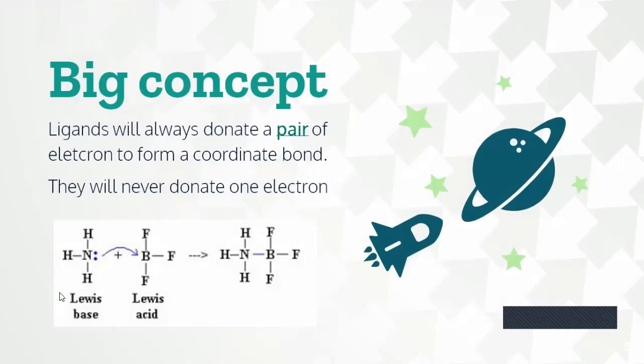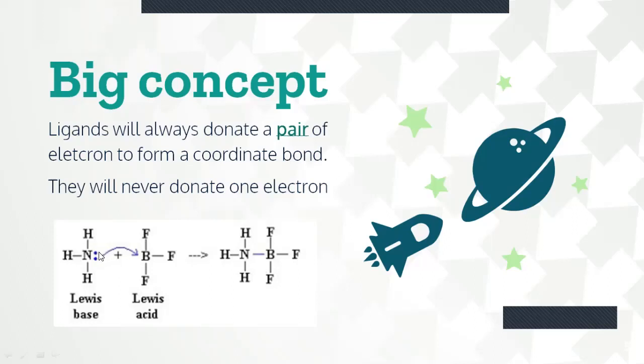You can see below that in the ammonia molecule, the nitrogen atom has a lone pair of electrons and donates it to the boron atom to form a coordinate bond. So the bond formed between nitrogen and boron is a coordinate bond. It has donated its lone pair of electrons, and it will never donate a single electron.